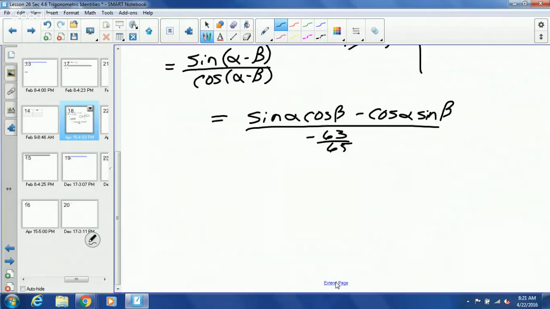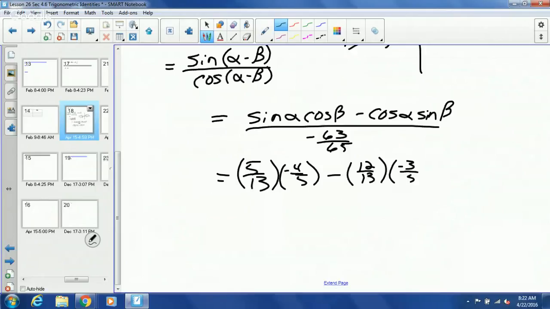Well, let's just fill in what we know. Sine of alpha is 5/13. Cosine of beta was -4/5. And then it's minus cosine of alpha, which was 12/13, and sine of beta, which was -3/5. And that's still all over 63/65.